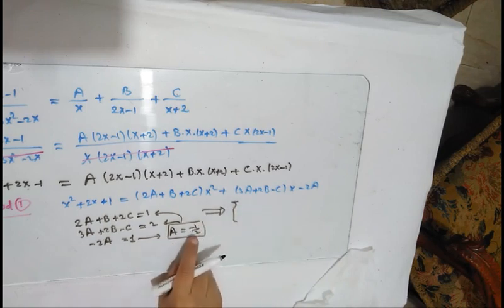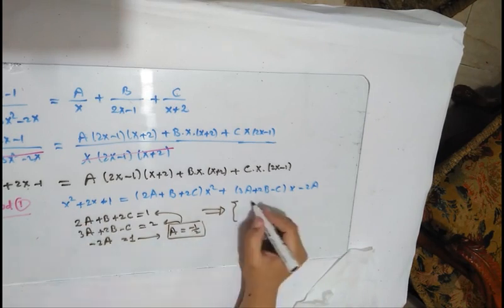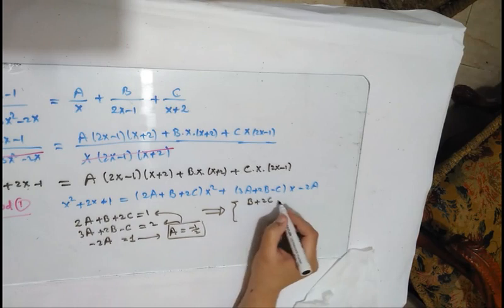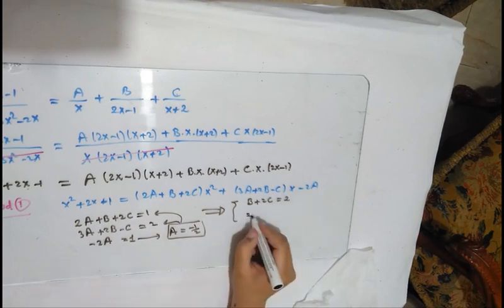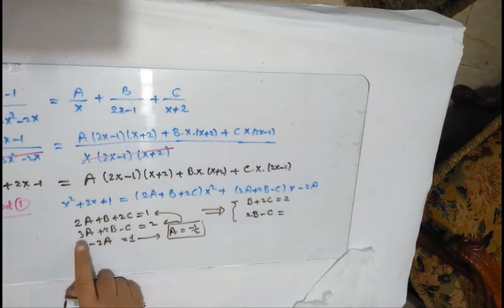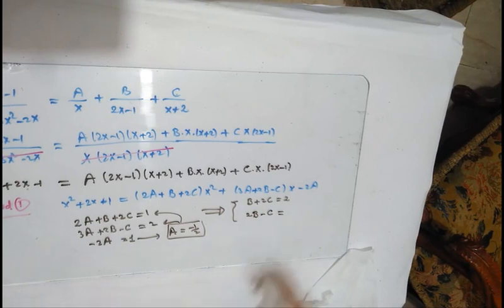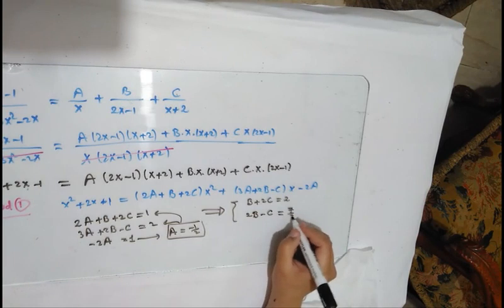So if you substitute by negative half, you will have negative 1. So the first equation will be b plus 2c equals 2, and the second one will be 2b minus c equals, so this is negative 3 over 2, and then you move it to the other side, 3 over 2, so 2 plus 3 over 2, so 3.5, so it's 7 over 2.